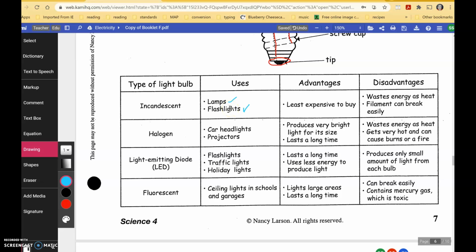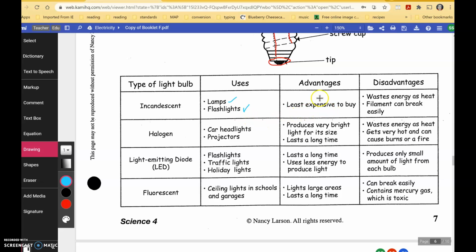The light bulbs we will use when we make our electrical circuits are incandescent light bulbs. Where have you seen incandescent light bulbs like this used before? Probably in your house somewhere before. And according to the chart, what is the advantage of an incandescent light bulb?